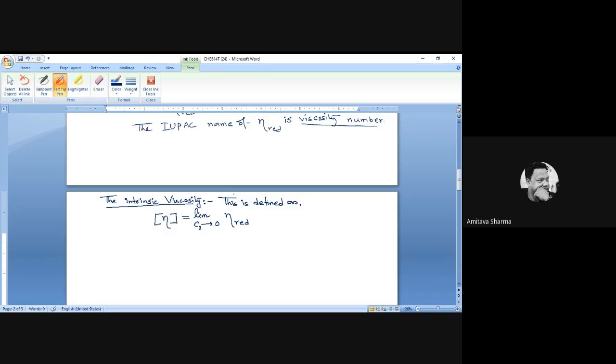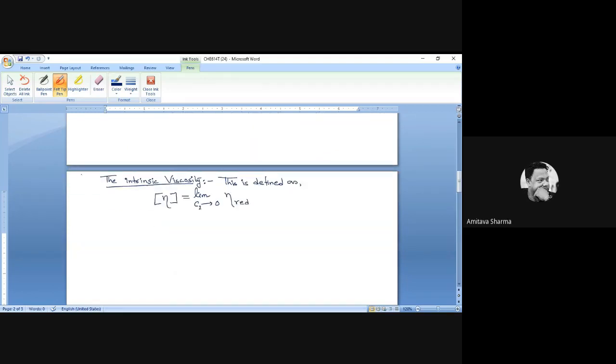So from equation 18, we find that intrinsic viscosity is equal to the coefficient B prime only.